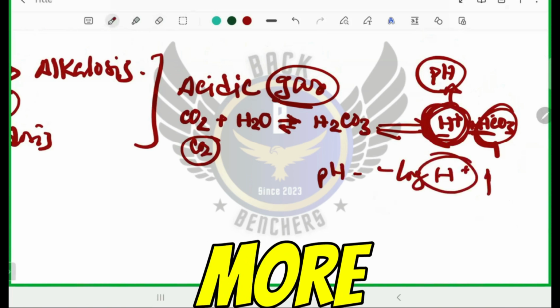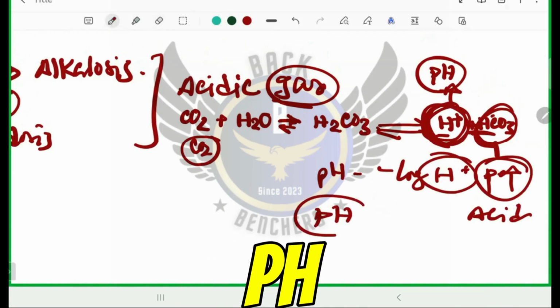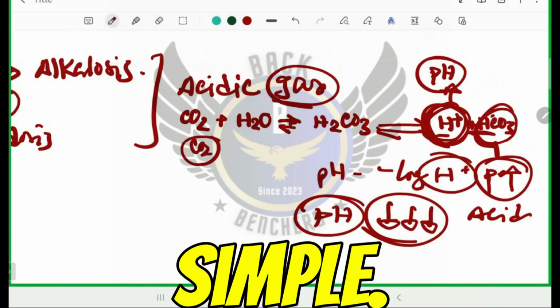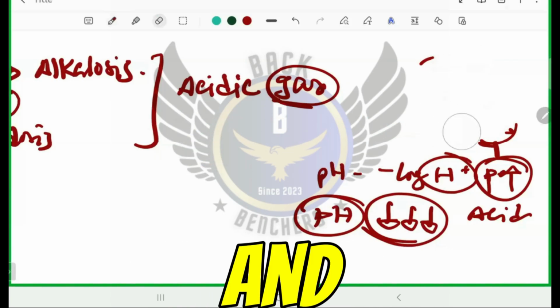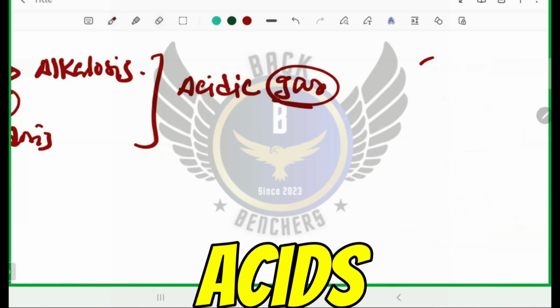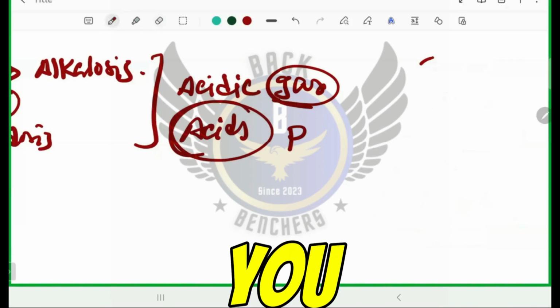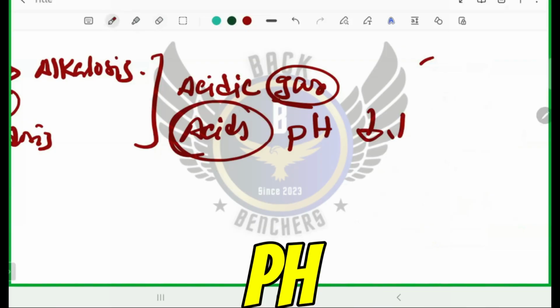That means the more proton you have, the more acid you have, the lower your pH will go. Simple. Just remember that carbon dioxide is an acidic gas and it will contribute to more acids in your blood. The more acid you have in your blood, the lower pH you will have.